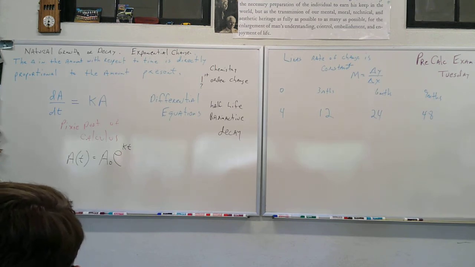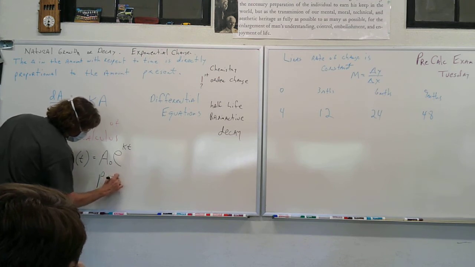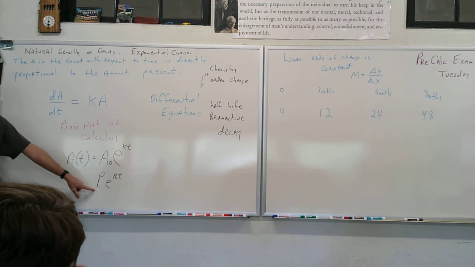If any of your parents are in finance, do a lot of stock market stuff or anything like that, there's a formula called PERT that they use. The principal is the amount of money you start with.